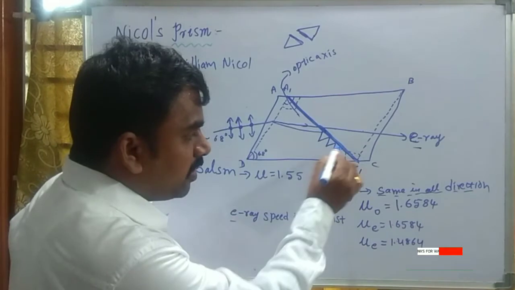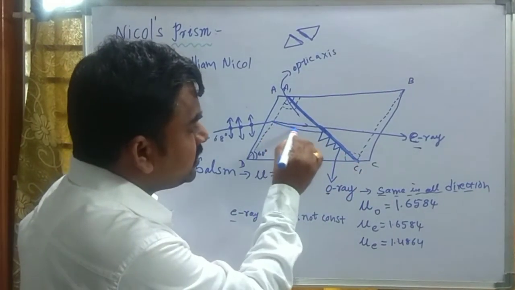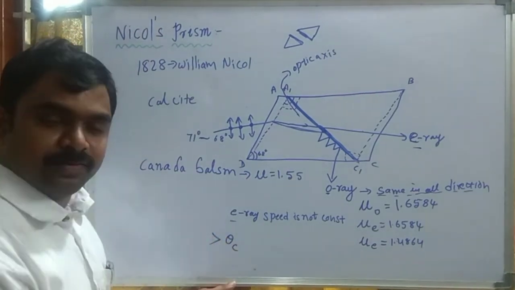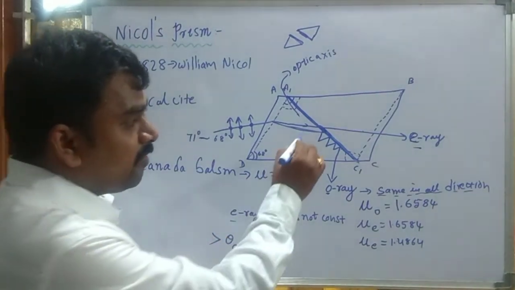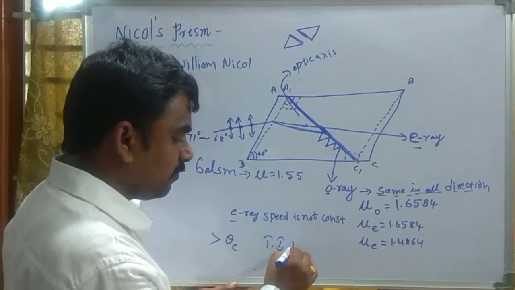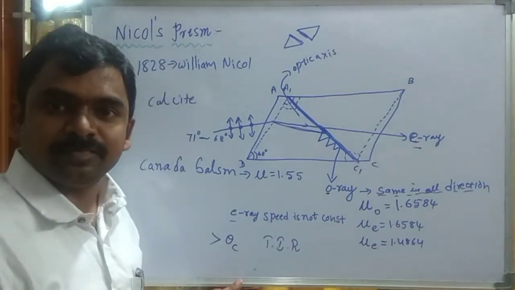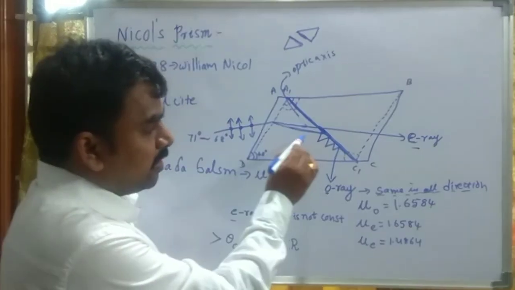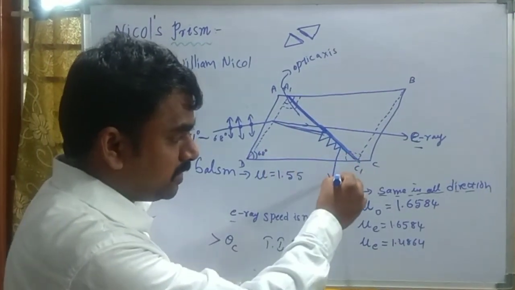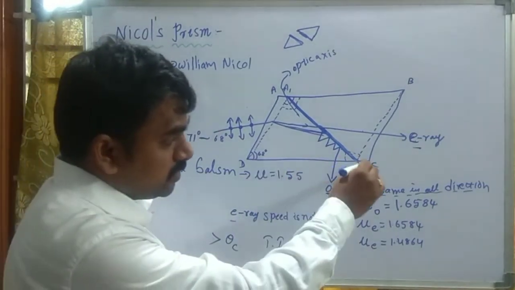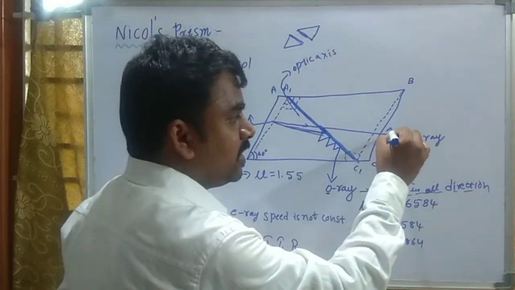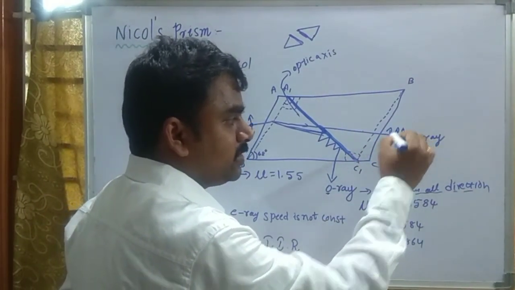The ordinary ray is incident at greater than the critical angle. When the angle of incidence is greater than the critical angle, total internal reflection takes place. Because of that, it comes out on one face. So on one side we get only one type of vibration.